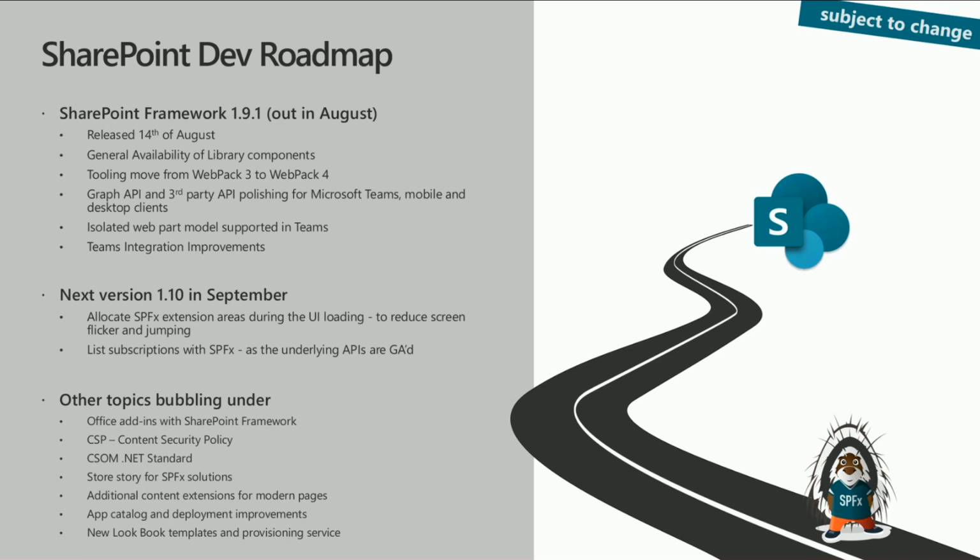We, as PnP and Microsoft, are working on making it possible to have CSOM for .NET Standard, and as such PnP JS Core and the PnP provisioning engine for .NET Standard, so that we will be able to use CSOM and PnP from .NET Core as well, which will be a huge improvement as soon as it will be available. And moreover, there will be much more improvements in the area of modern pages support, including some new content extensions for modern pages.